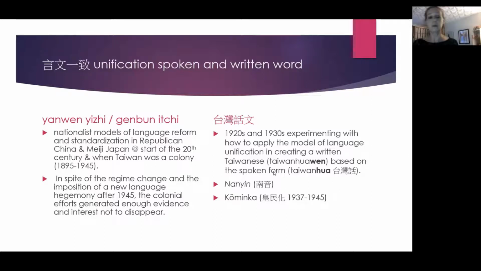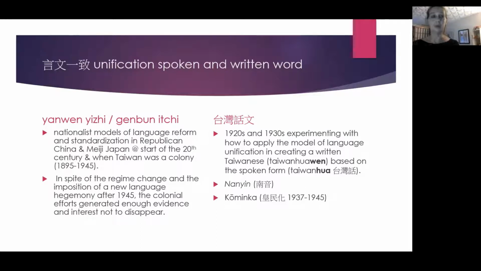Now, in spite of the regime change, because the colonial period lasted for 50 years, 1895 till 1945, these experiments with the creation of a written Taiwanese, and that is one of the terms that we use in the scholarship too, was published in local poetry journals or a couple of intellectual journals.